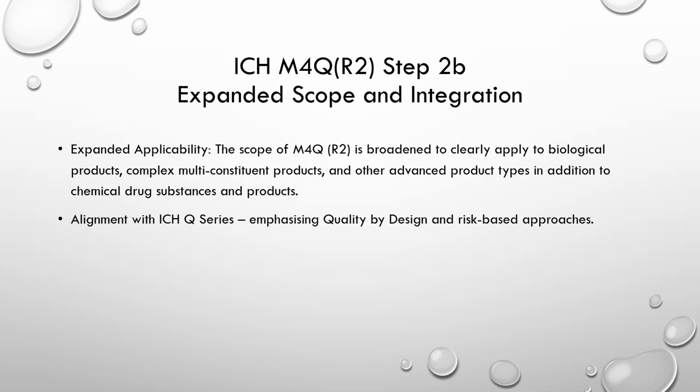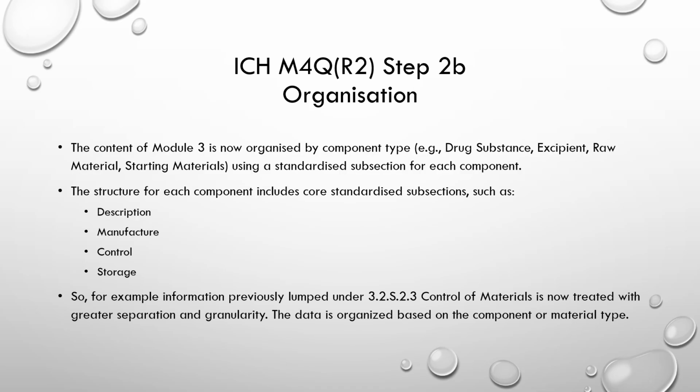You've got a specific section dedicated to the complex information required for advanced therapy medicinal products as well as for chemical entities. And as I said, it's aligning with the ICH Q series, and the emphasis of quality by design has been incorporated in this dossier and the presentation of information therein.